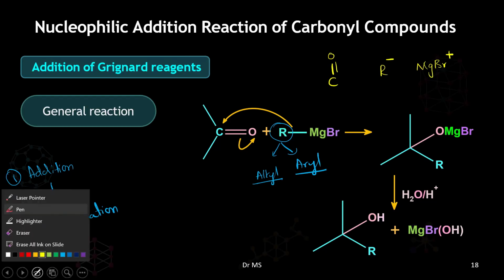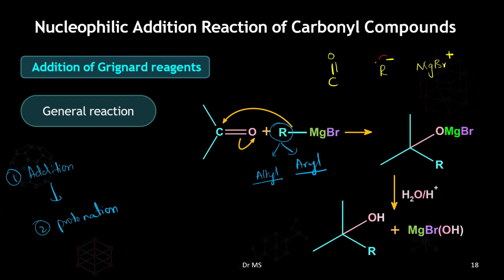So this R group will go and attack this carbon, and whatever the MgBr is there will go and attack the oxygen, resulting in formation of OMgBr and R. You do the protonation and it will turn out to be this. The MgBrO will be removed, the bond breakage will happen here, and hydrogen will go and attach here. Is that clear?